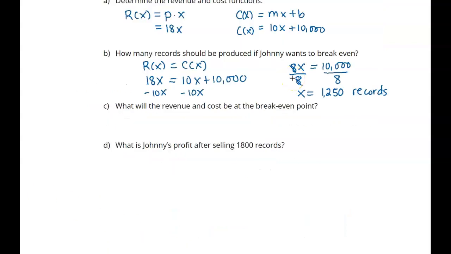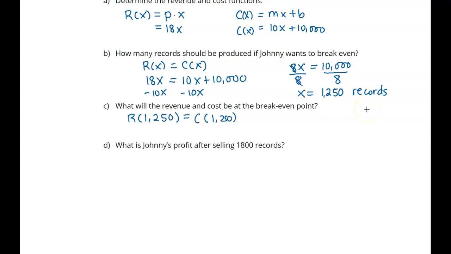Now, what will the revenue and cost be at the break-even point? That means that we are going to solve for R of X when x is equal to 1,250, or you also can solve C when x is equal to 1,250. We know that both of them will yield the same result because this is at the break-even point.